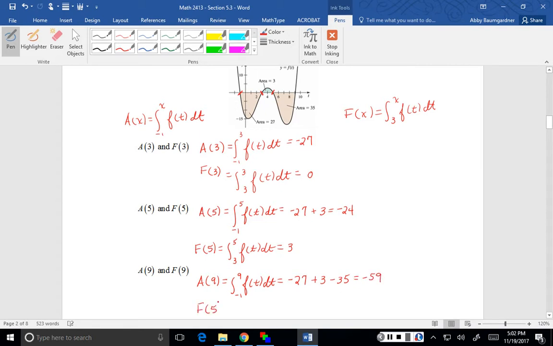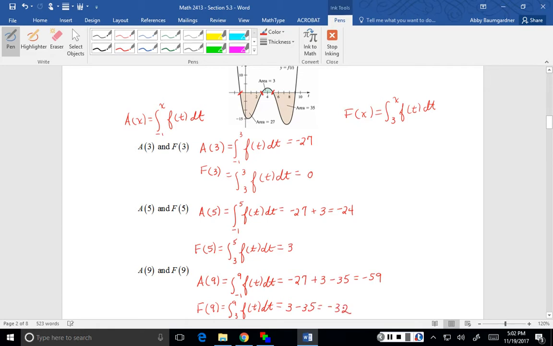And then we do something similar for f of 9. You start at 3 and end at 9. So we'll have to break it into pieces, and we'll say 3 to 5 gives us that positive area of 3, but 5 to 9 is below the x-axis, so it gives us a negative value.